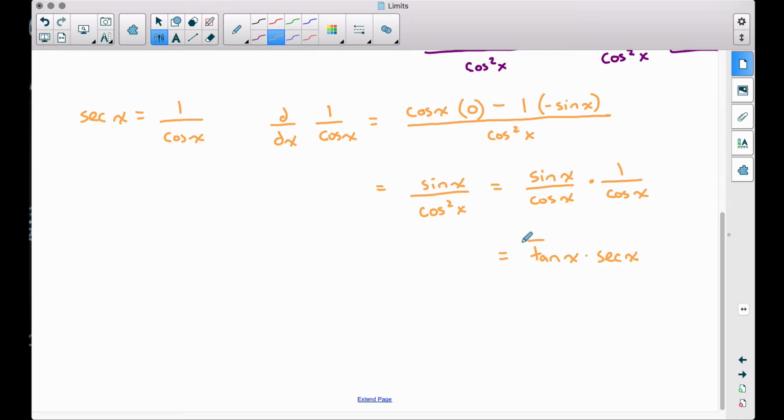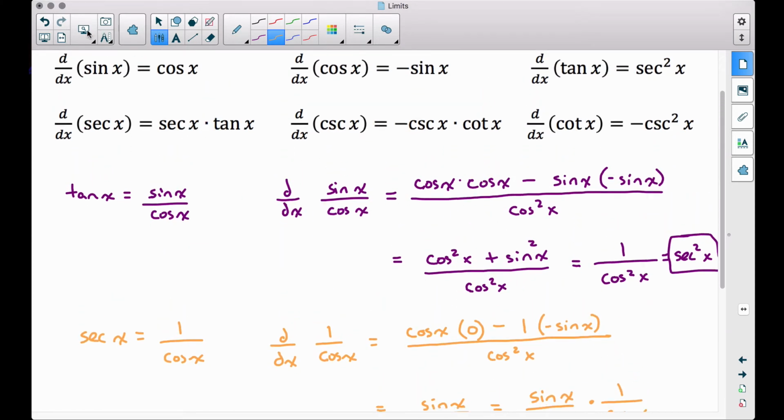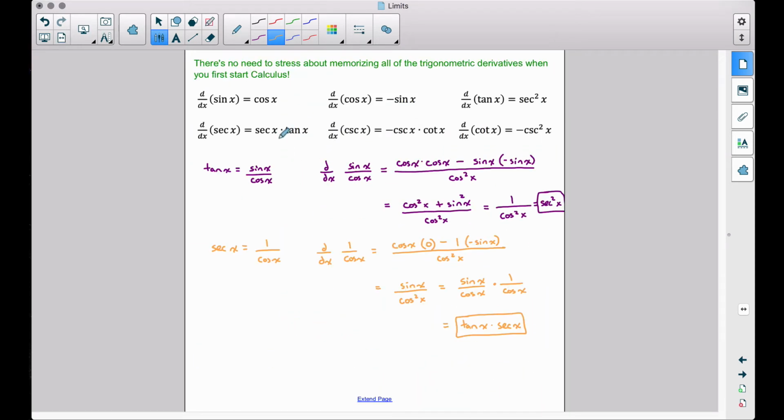So as you can see here, even though mine is in a different order than the one up here, we do have the exact same derivative. That's the commutative property. Secant of x times tangent of x is the same thing as tangent of x times secant of x.